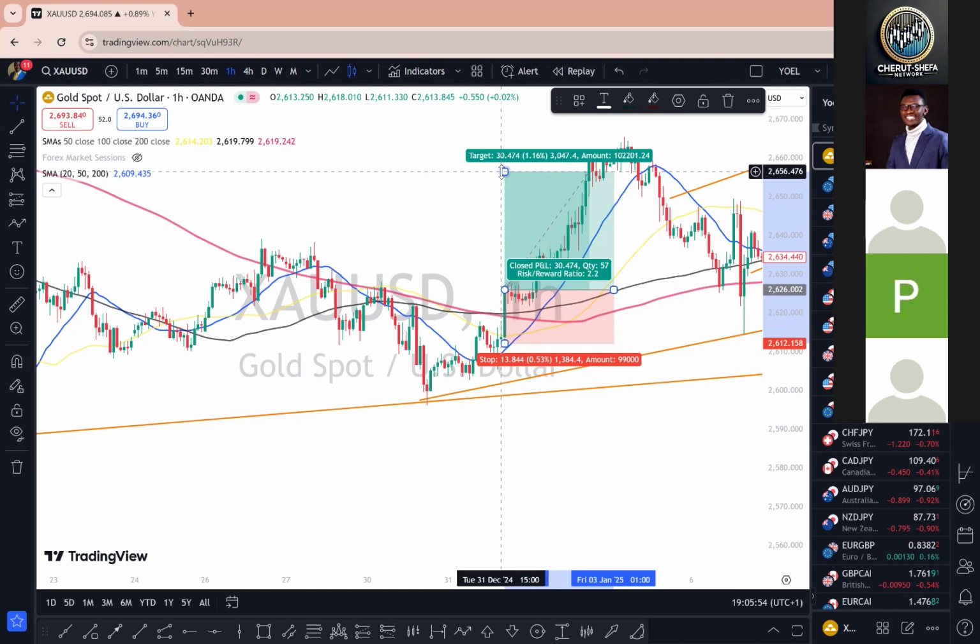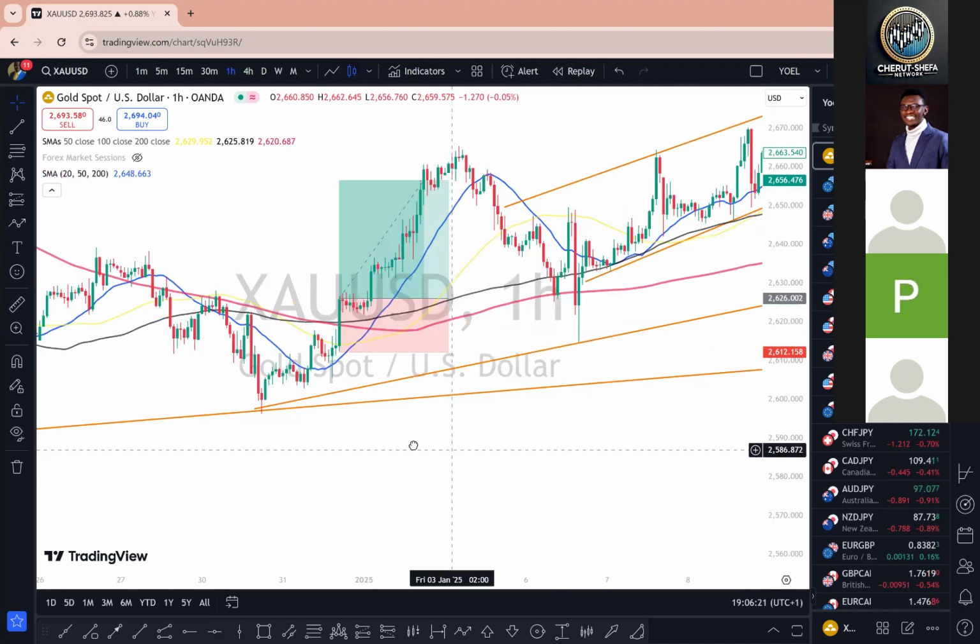It crosses the 50, crosses the 100, crosses the 200, and the price closes below the 200. I'm picking that trade straight away, and my stop loss is above it, 1% stop loss. Minimum take profit is 2%, 2.53%. And boom, that's an opportunity to get something.